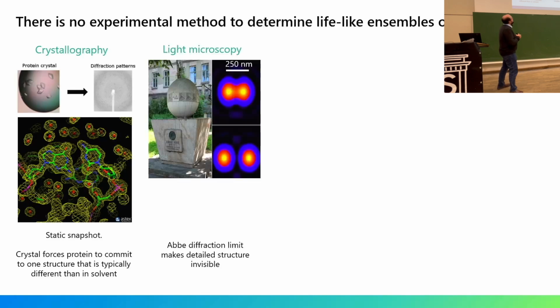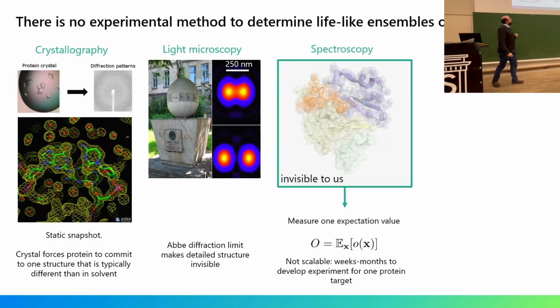The second thing is optical microscopy. There you have a problem with the resolution because you're at the upper diffraction limit usually. There are other spectroscopy methods. They have usually the problem that they do not really directly measure the ensemble, but they measure, let's say, aggregated scores of the ensemble, like, for example, expectation values.